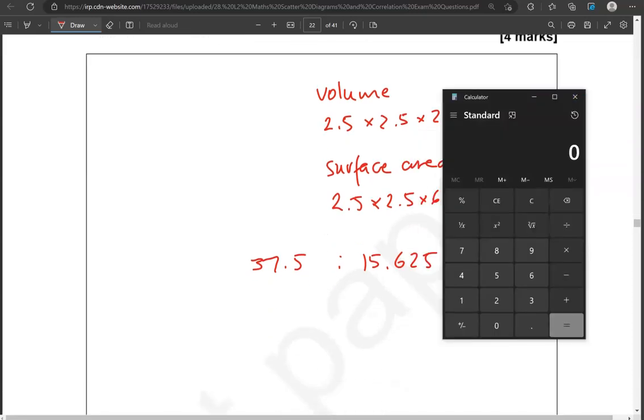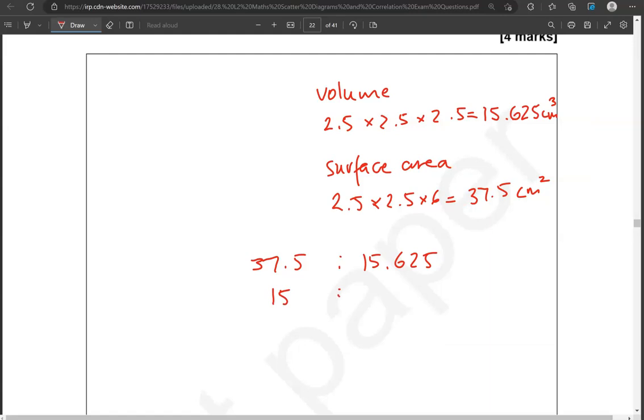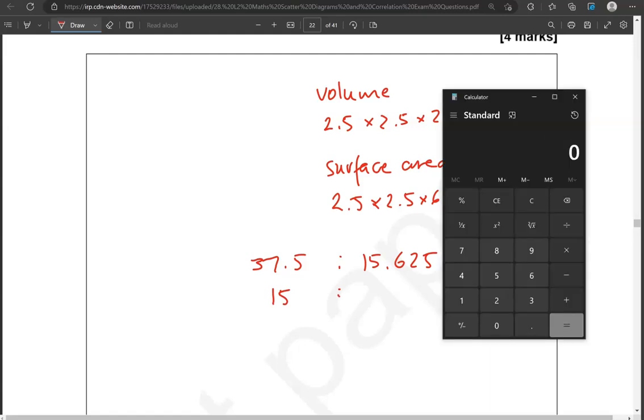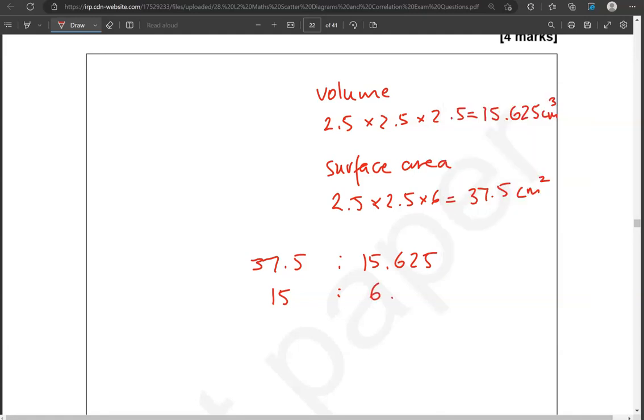So 37.5, if I divide this by 2.5, gives me 15. And if I divide 15.625 by 2.5, gives me 6.25.